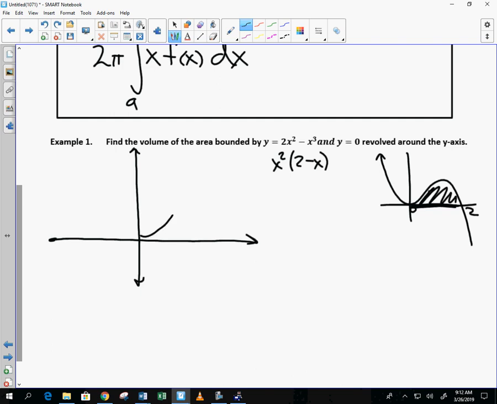So I'm going to draw that shape. Revolve it around. I really want to do a washer, but why can't I do the washer?